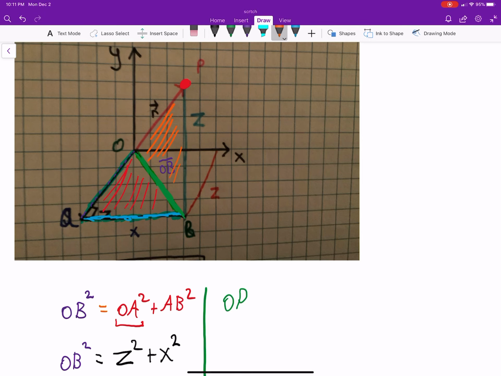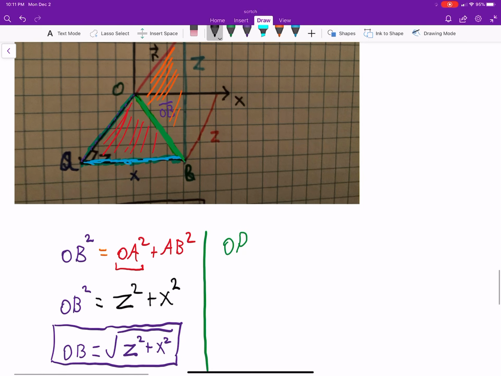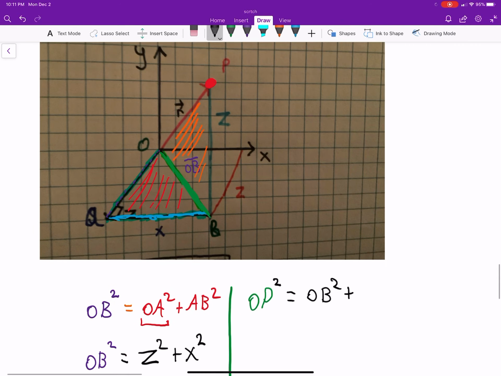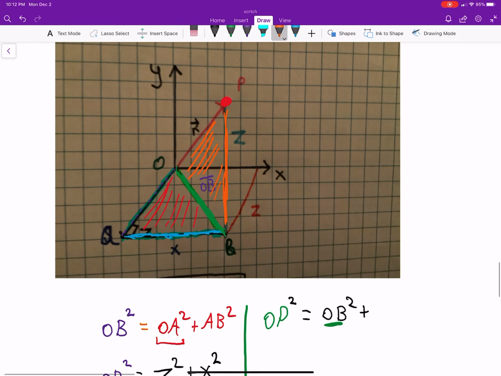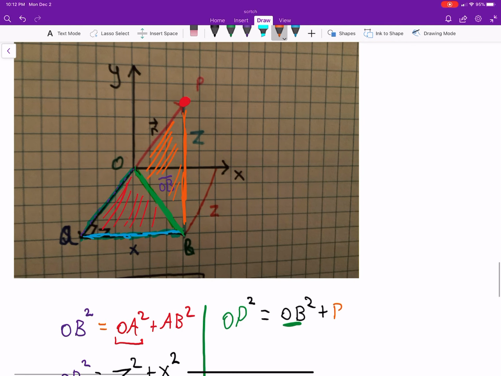It's just another triangle where OP is our hypotenuse, and the other legs of our triangle are OB, which represents this bit, and this side, which is just BP squared.